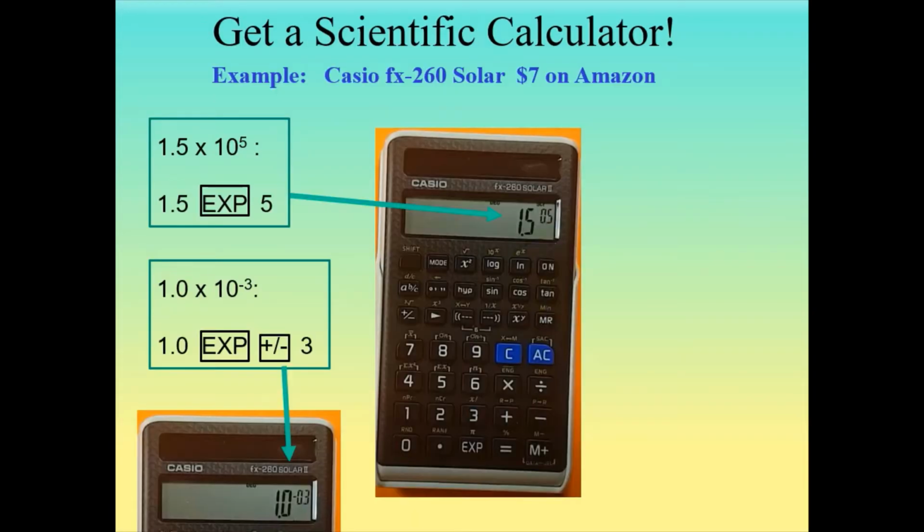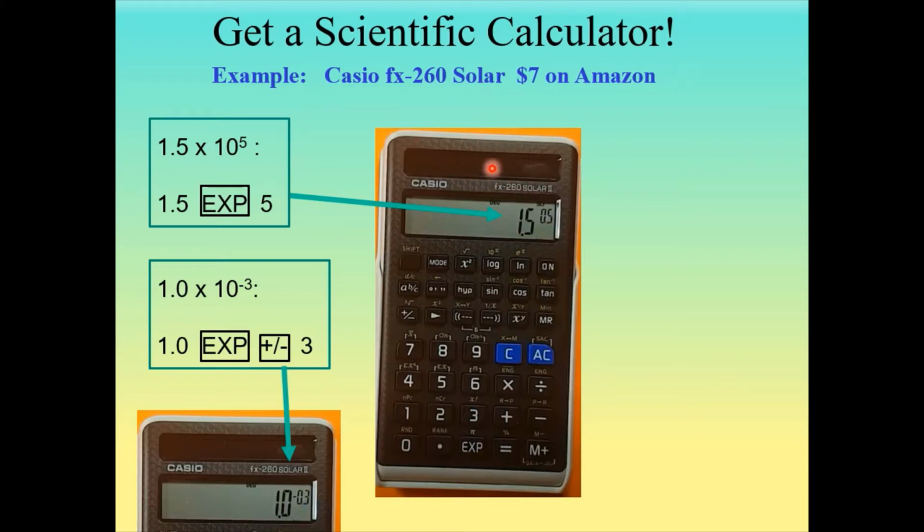One thing I would highly recommend and almost demand for this class is that you get yourself a scientific calculator. This doesn't have to be a big investment, and it doesn't have to be a fancy programmable graphing calculator or anything like that. The one I like to use is a Casio FX260. It's a solar powered calculator.